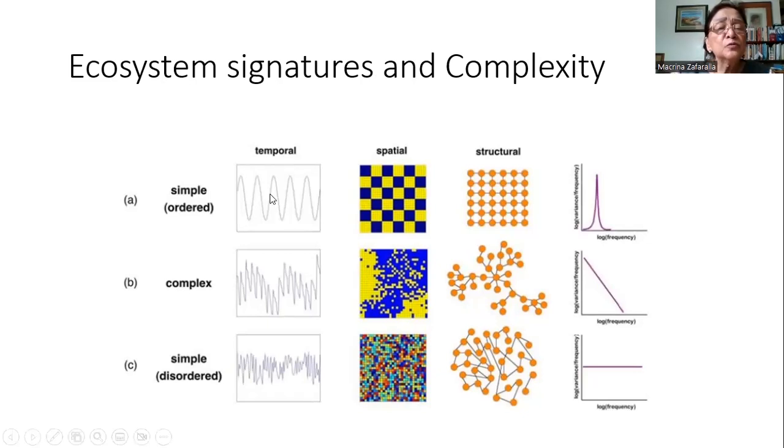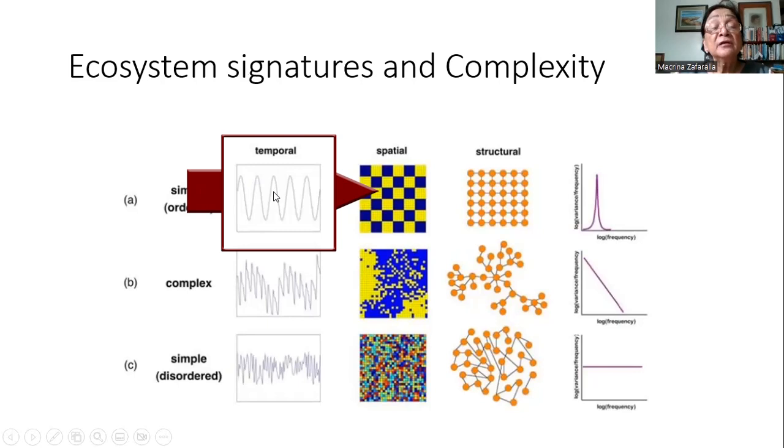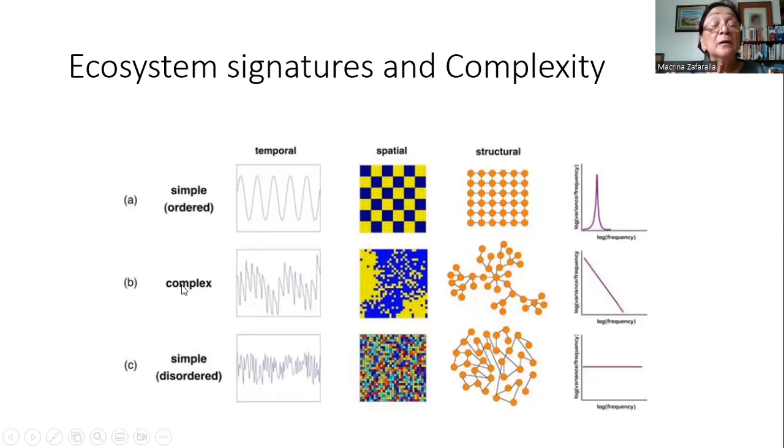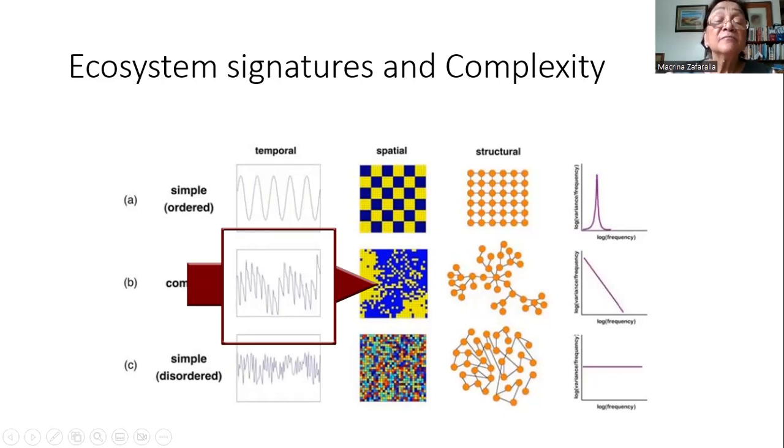When it comes to the temporal aspect of an ecosystem signature, we have these. We could see that in a simple system that is ordered, the fluctuation is regular, like so. But when it becomes complex and the components are randomly distributed, the vacillation is not so regular.